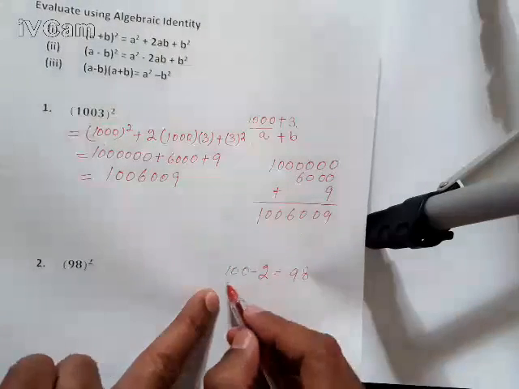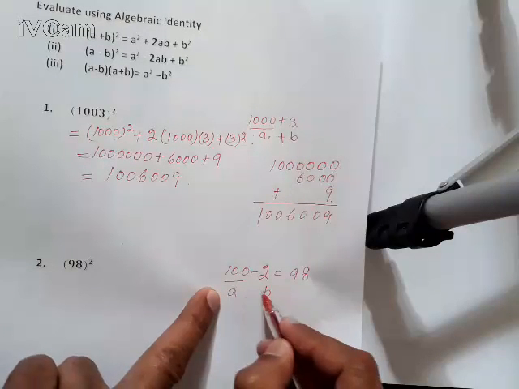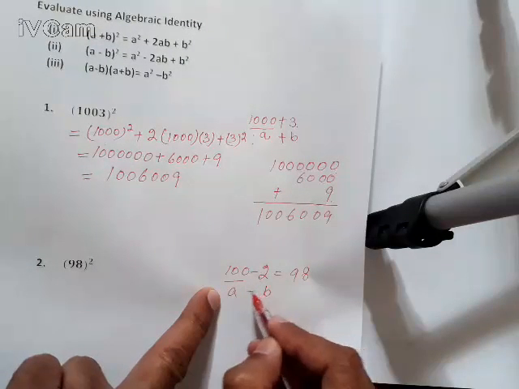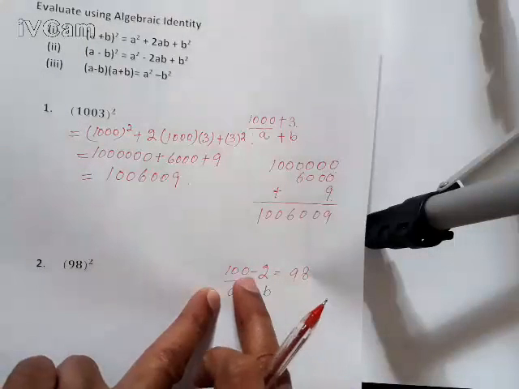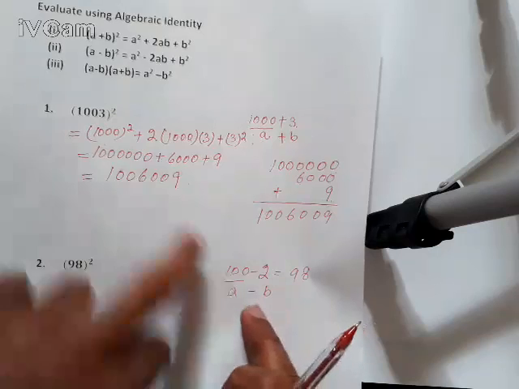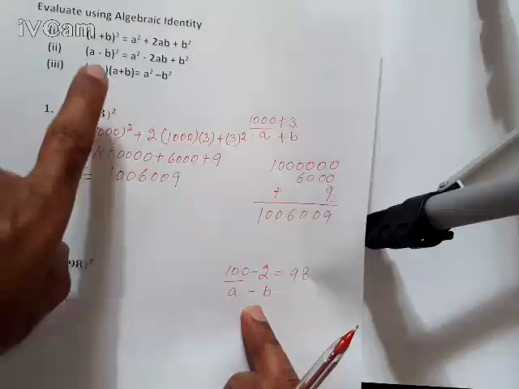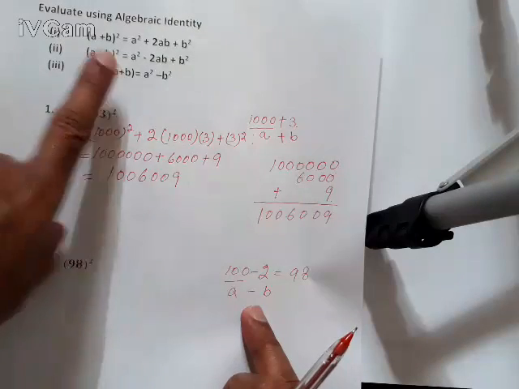So this shows that this is the value of a and this is the value of b, and within these two variables we have to write a minus sign, because 100 minus 2, that's why we will write a minus b. So look at this in this shape, and it's already square, so that's why we will apply the second identity.